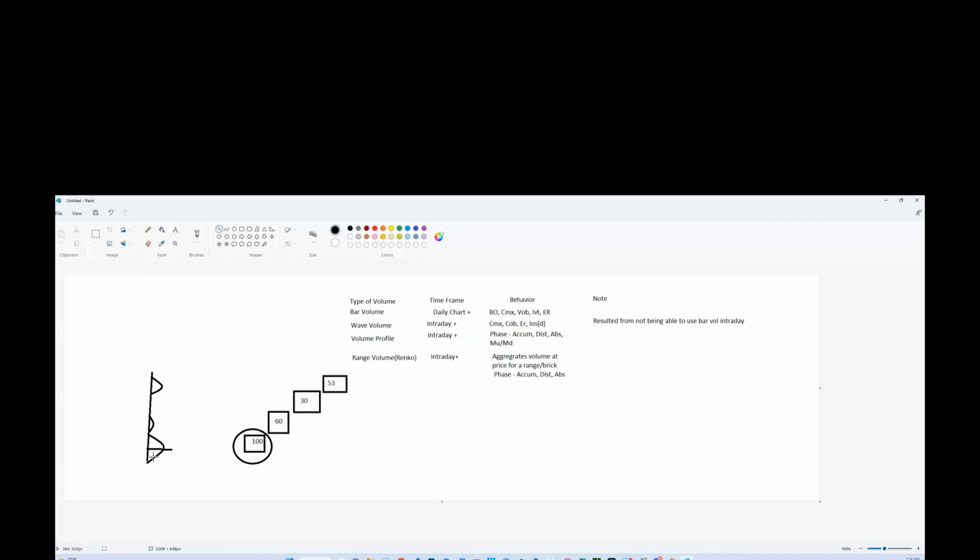The mode is the most amount of volume, the max amount of volume. So that's your line of accumulation, the price where the most amount of accumulation occurred. That's what I wanted to get across. Sorry for getting into stats, but this is the line of accumulation where the most amount of accumulation occurred.